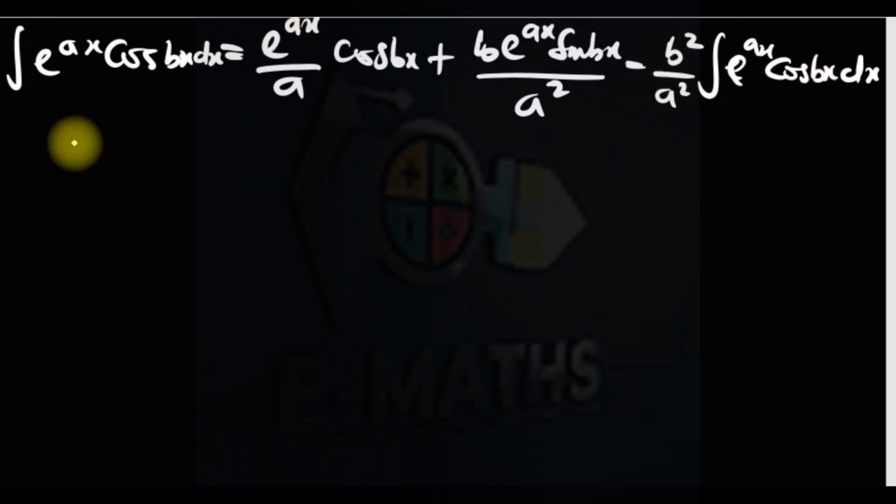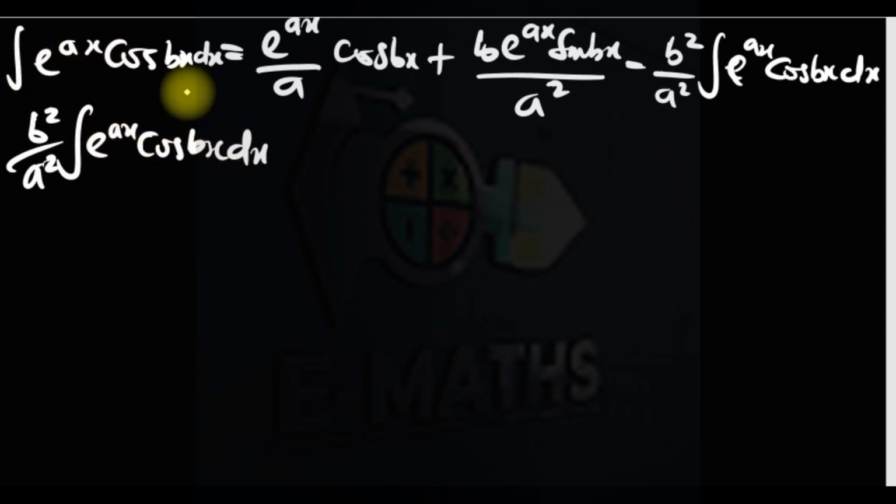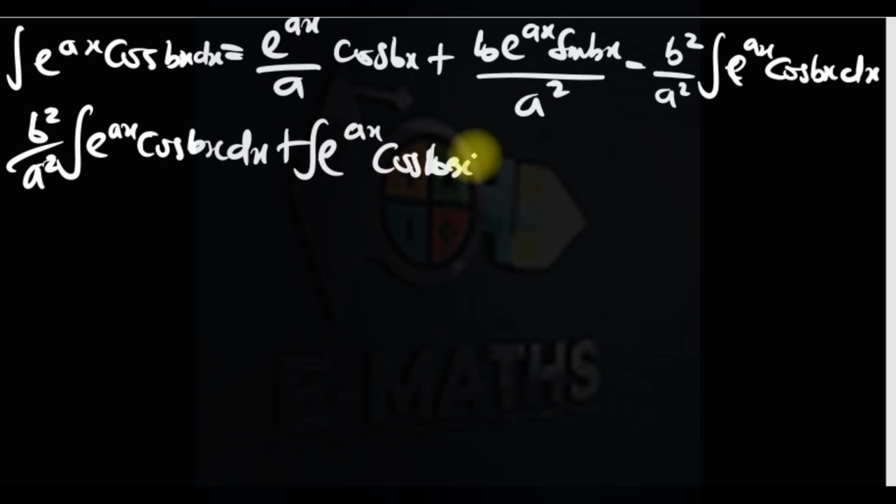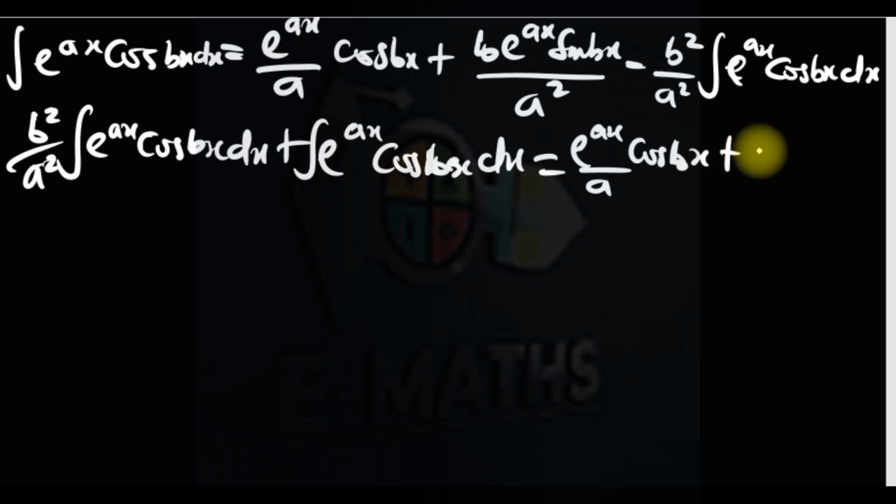So we have b squared over a squared times the integral of e raised to power ax cos bx dx, plus the integral of this, which is the original integral, equal to what remains: e raised to power ax over a cos bx plus b e raised to power ax sine bx over a squared.